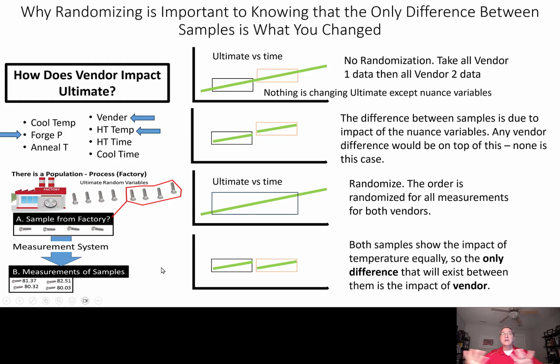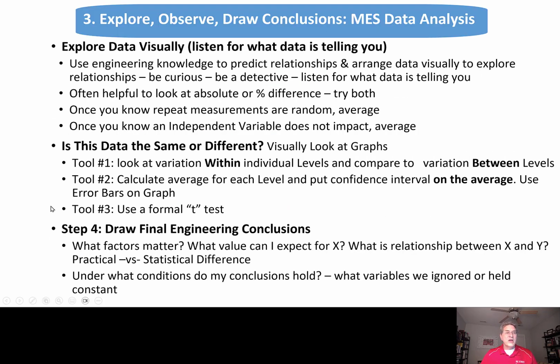It is, but it's a low chance. So this is why randomizing when you take data is so critical to knowing, okay, is set A different from set B? Okay, so this number 2 right here, is the data different? We're going to spend the rest of the videos looking at how we tell.